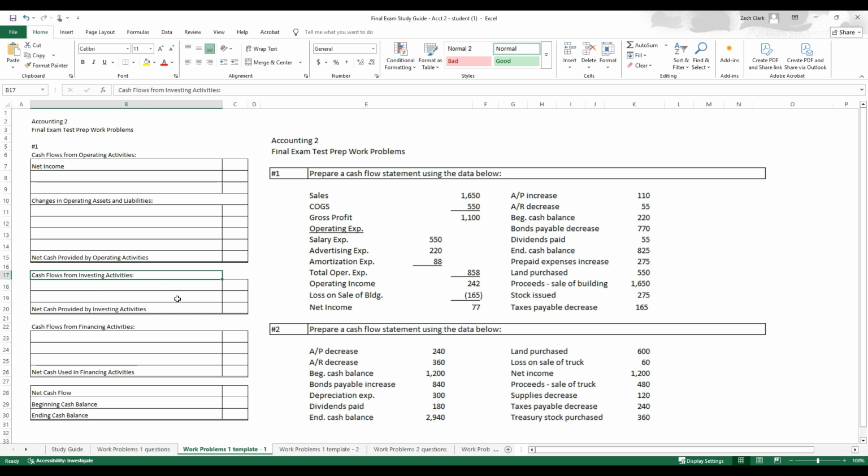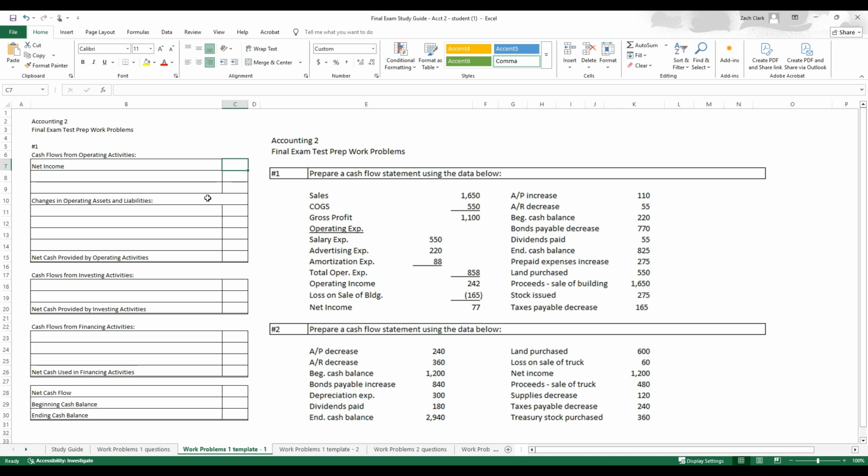Investing, we're going to have any activities that are related to actual just straightforward investing into things like long-term assets, but also purchases or disposals of machinery or equipment or other depreciable assets. And then everything else kind of falls into the operating bucket, essentially. This is all the things from normal operations.